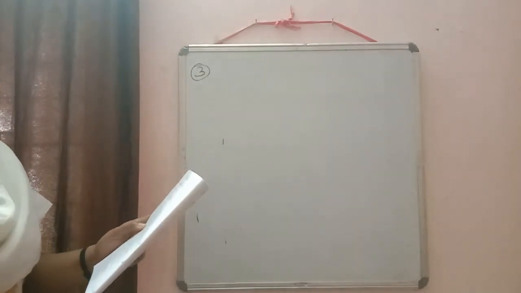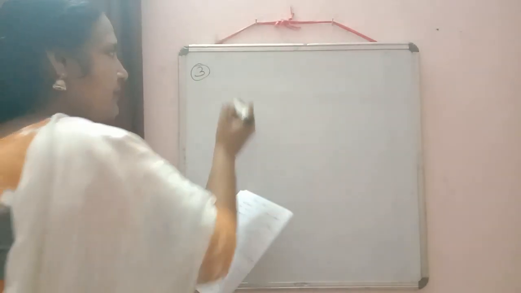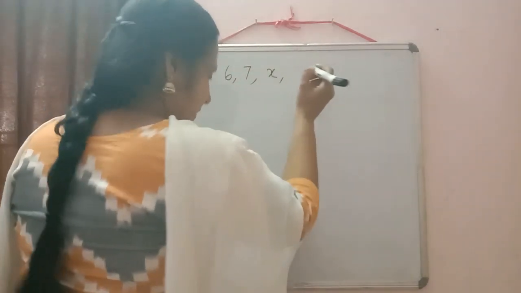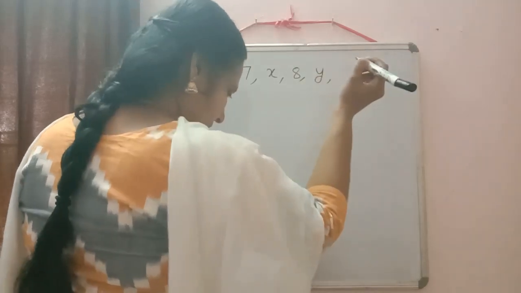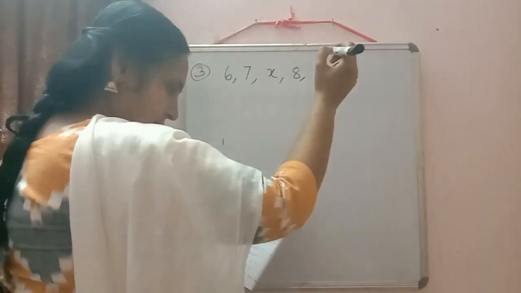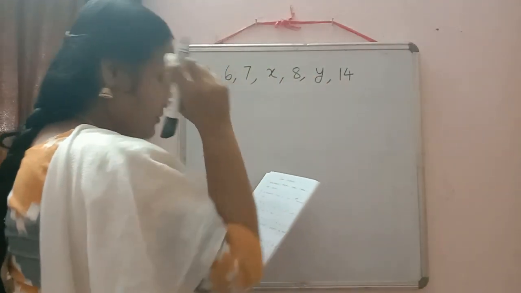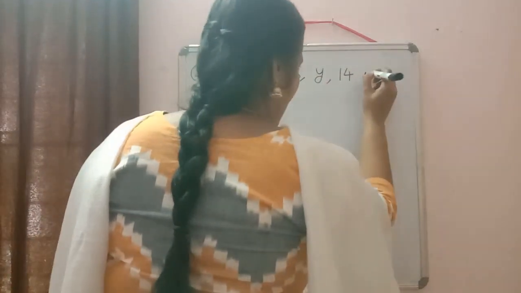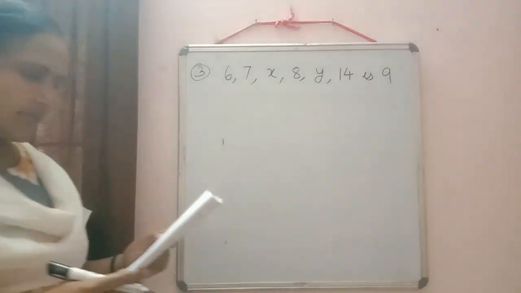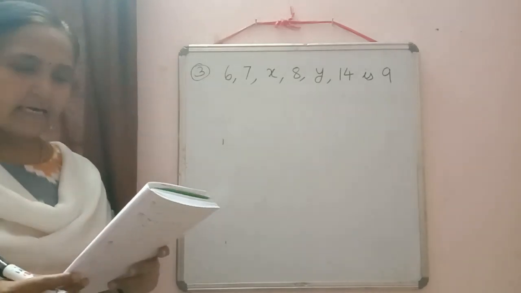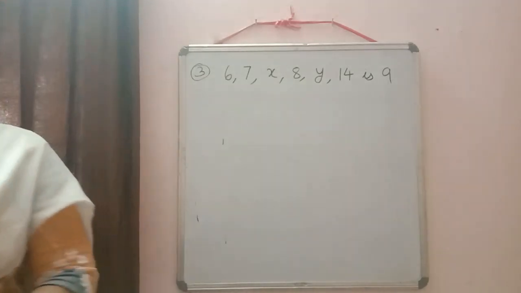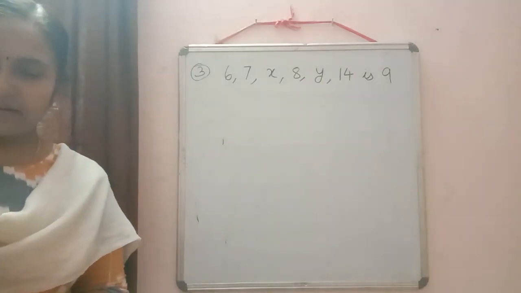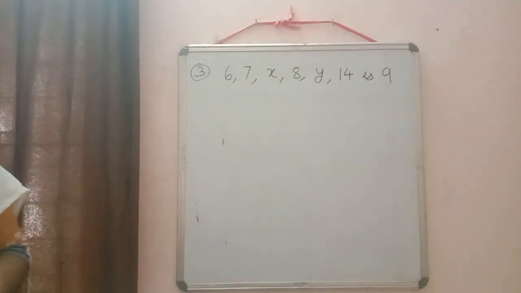If the mean of 6, 7, x, 8, y, 14 is 9, that is, the mean of these numbers is 9, then find a relation between x and y. The question is: find a relation between x and y. Question written? Okay.